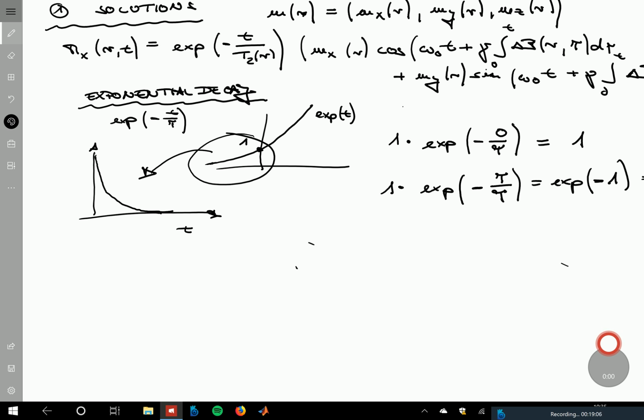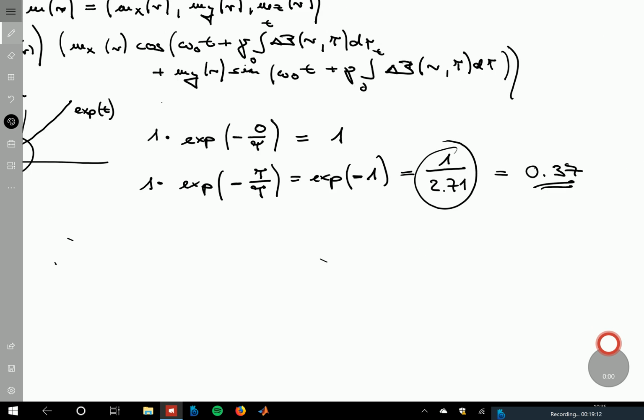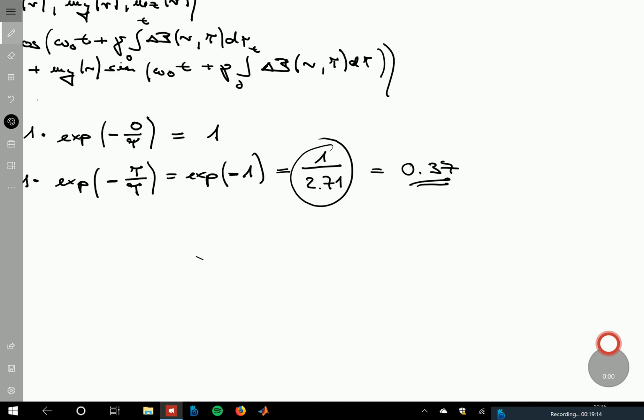It's kind of high school stuff. So tau is a time constant, and it measures when the initial value that this function has decayed to 37% of its initial value.